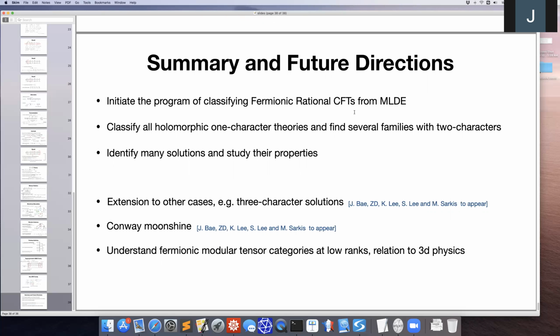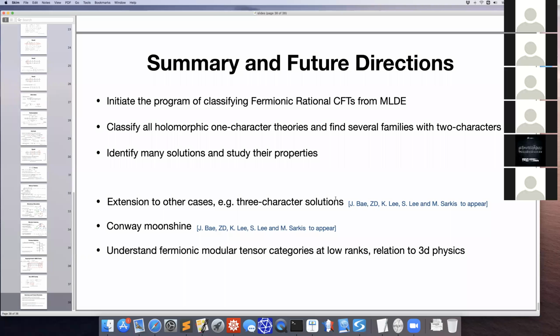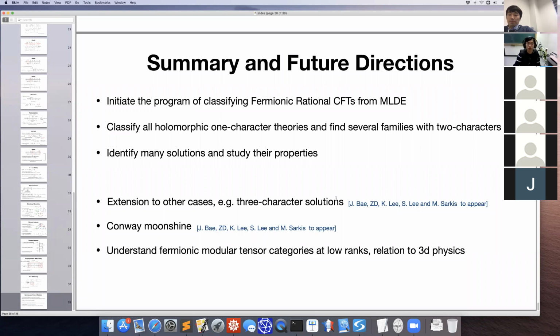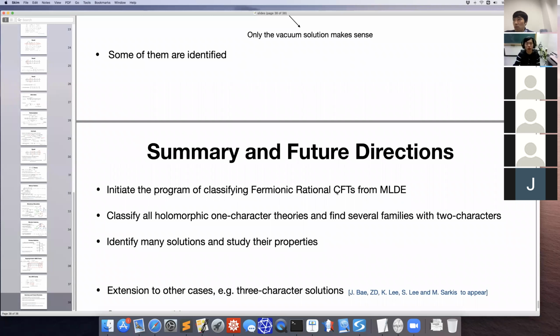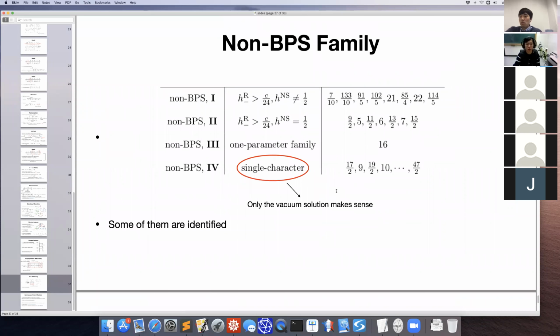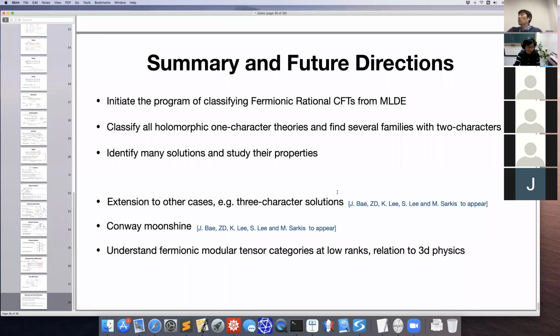In 2D, a lot of fermionic systems can be bosonized, or the other way around. Right? If we can bosonize the fermionic system, the result from the previous bosonic MLDE should be the same as your fermionic MLDE. Yes, that's right. But then you need to combine all the characters.